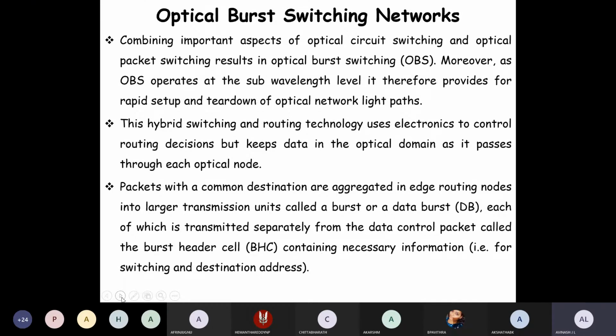The next topic is the optical burst switching network, OBS. Here OBS is a hybrid of switching and routing technology, which uses electronics to control the routing decisions but keeps the data in the optical domain.